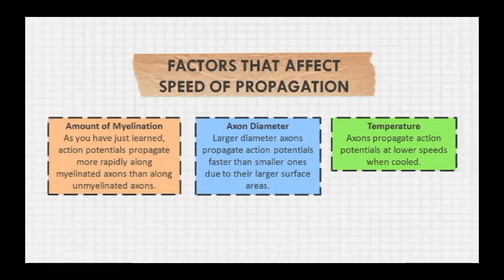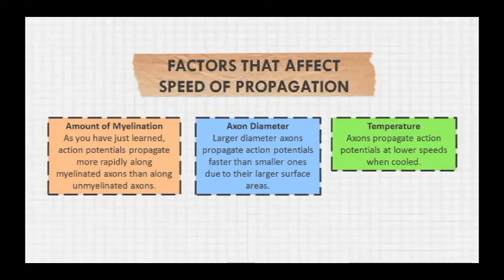The second is axon diameter. The larger the diameter of the axon, the faster it can propagate action potentials because there is a larger surface, unlike in smaller diameter axons. Lastly, we have temperature: axons propagate action potentials at lower speeds when cooled. Therefore, if there is a higher temperature, axons propagate action potentials at a faster rate.